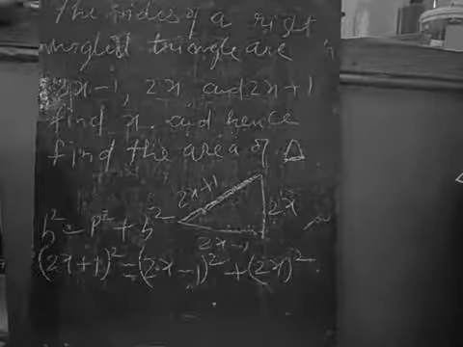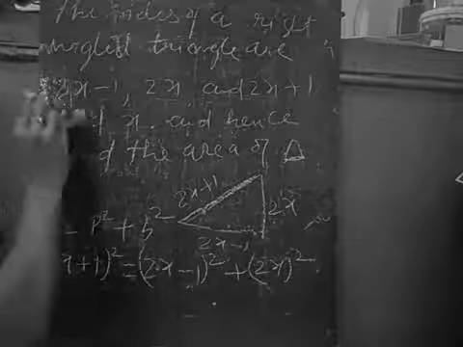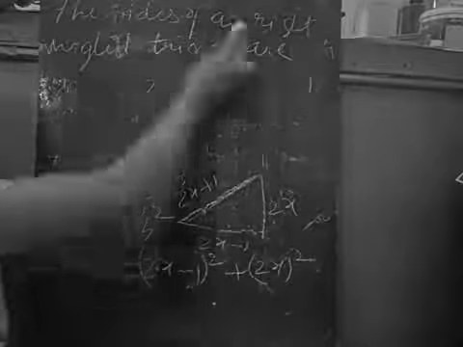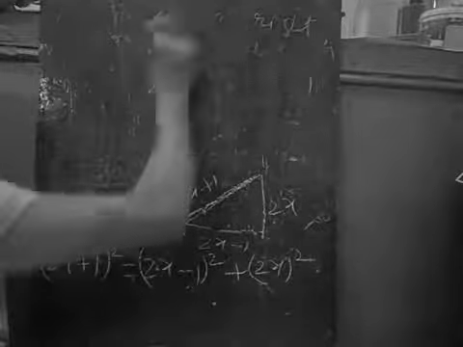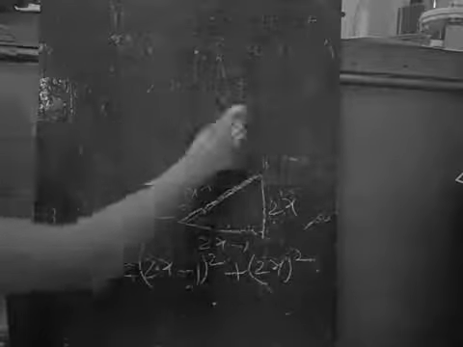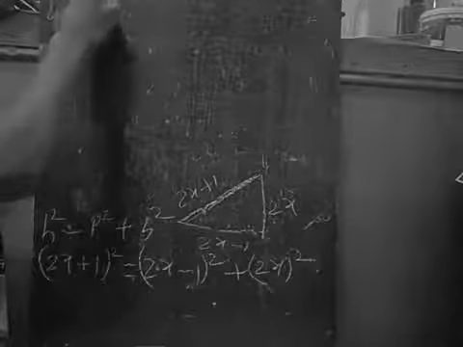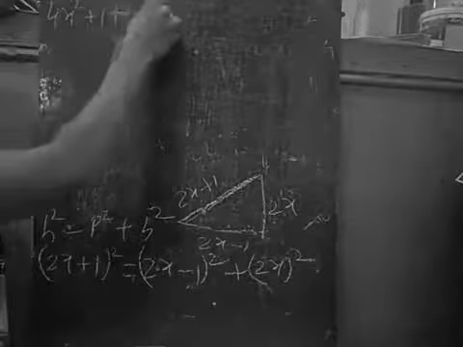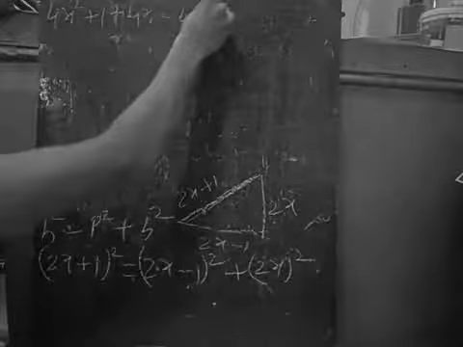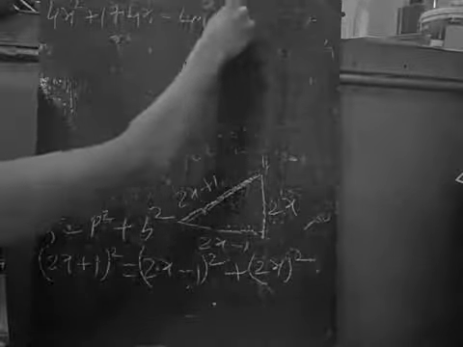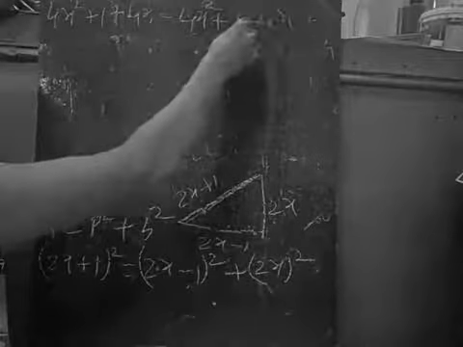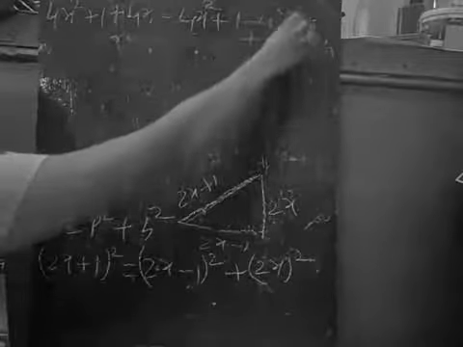We will solve it more to get the equation. Using a plus b whole square, 4x square plus 1 plus 4x is equal to 4x square plus 1 minus 4x plus 4x square.